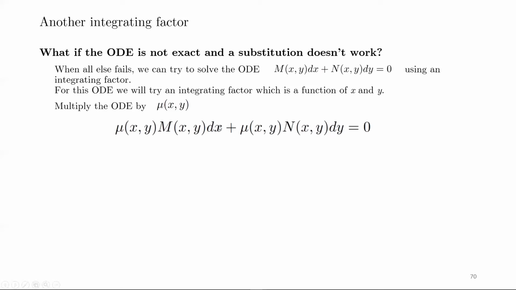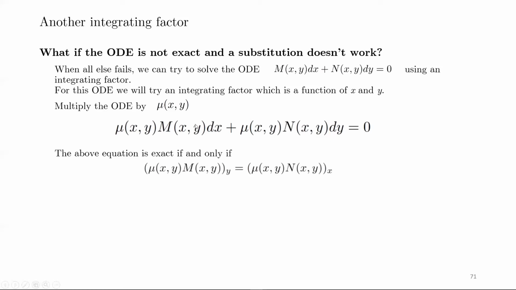Of course this new equation is only exact if the partial derivative of this new M, mu times M, with respect to y equals the partial derivative of this new N, mu times N, with respect to x. So this equation is exact if and only if mu times M differentiated with respect to y equals mu times N differentiated with respect to x.